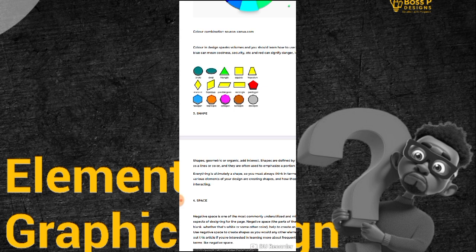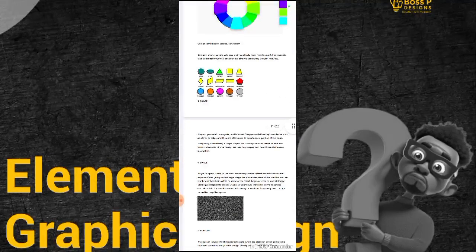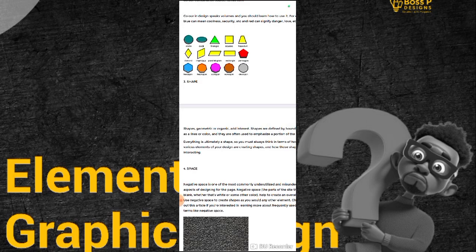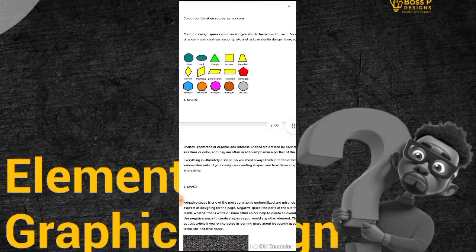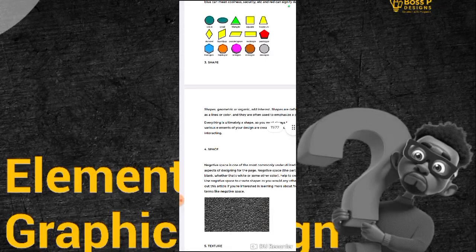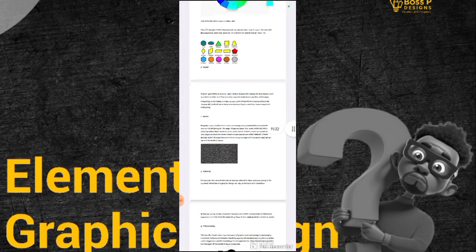So you should learn how to make use of these shapes. We have the oval, we have the triangle, we have the square, we have the trapezium, we have the hexagon, we have the heptagon, we have the octagon, we have the parallelogram, rhombus, diamond, rectangle, pentagon. So these are shapes you can also use.